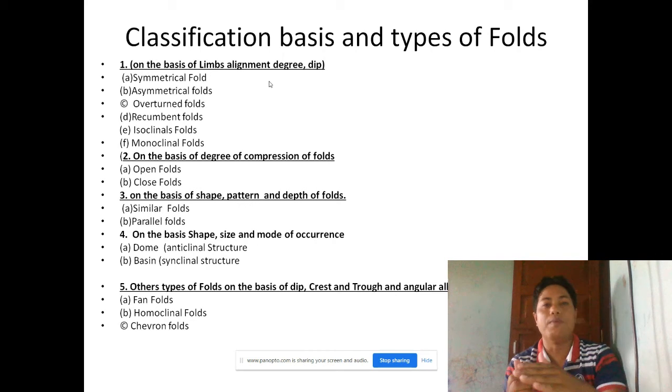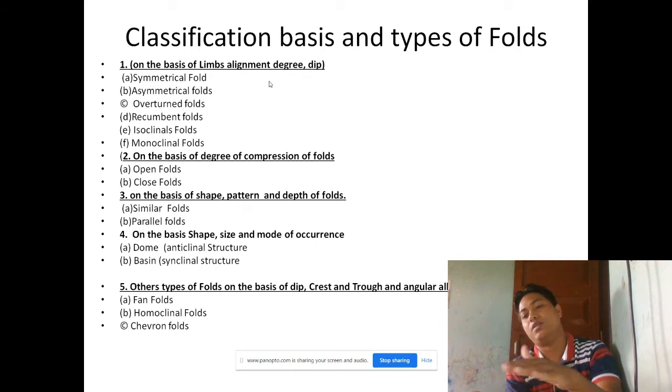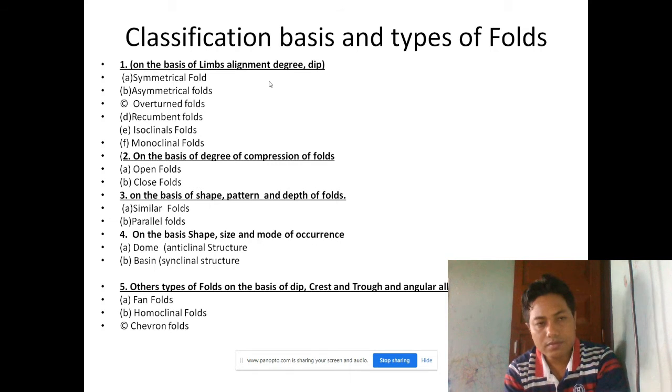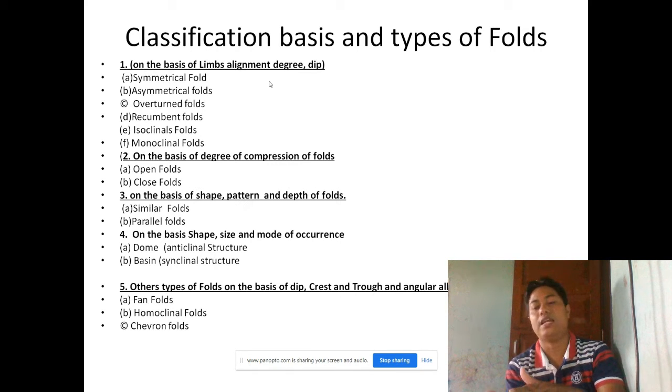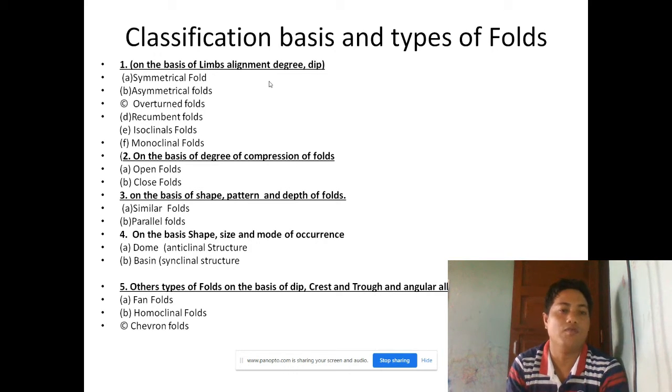Overturned. Recumbent folds are when the fold itself is overturned over another fold and another limb is just lying down like that. So it is known as recumbent fold.